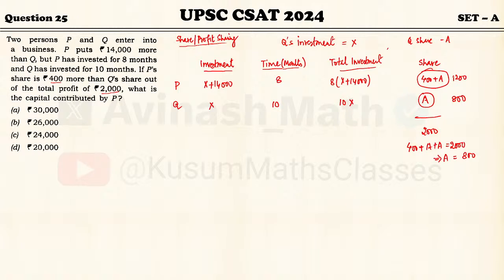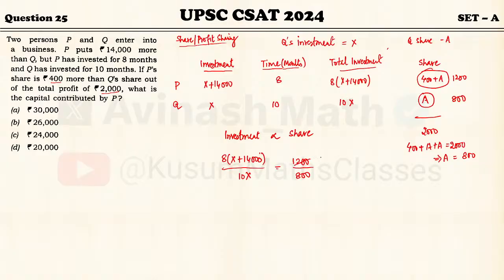So now the question is asking for the total capital contributed by P. See, investment is proportional to share, right? So here investment is 8 into (X plus 14,000) divided by 10X. It is nothing but 1200 divided by 800.